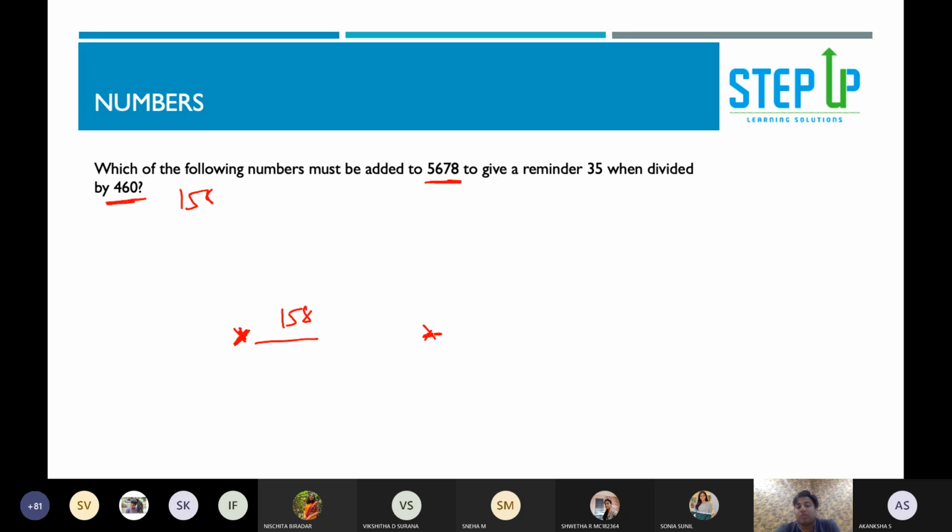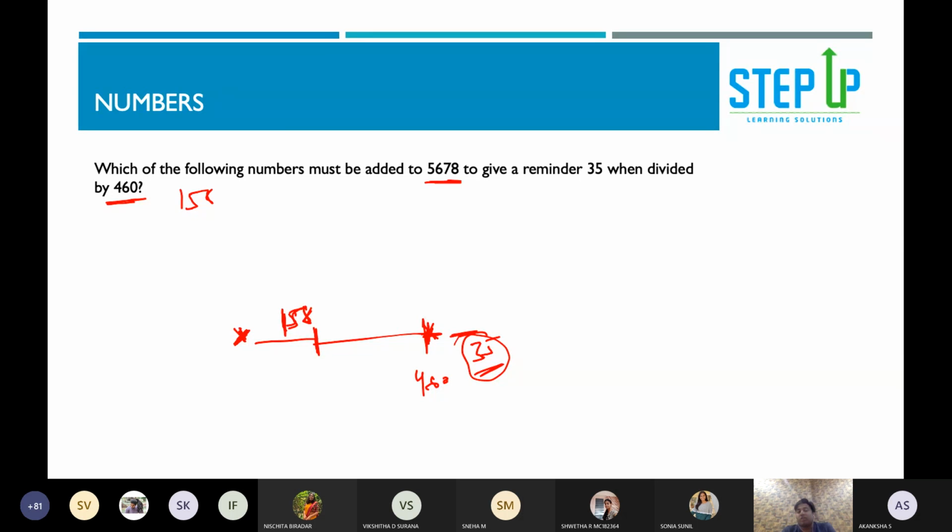There is another multiple of 460 here, and then you need 35 as your remainder. You can't subtract it. That means you have to add something to it. So if you're currently at 158, and you want to get a remainder of 35, what you have to do first is reach the next multiple, 460.